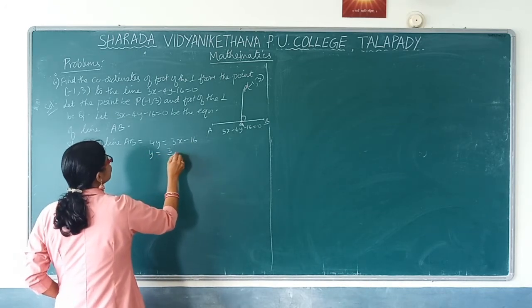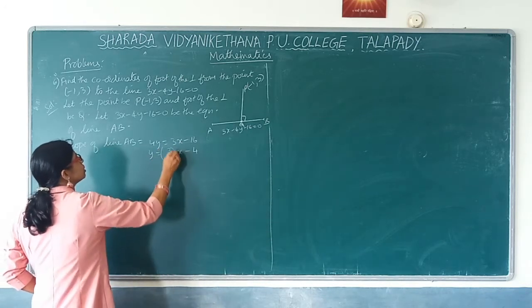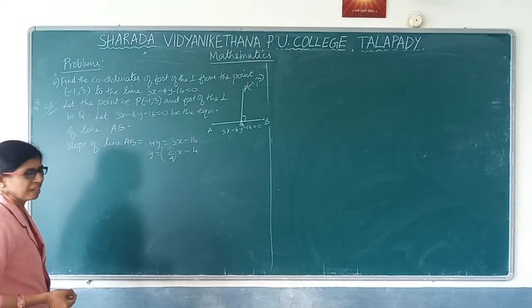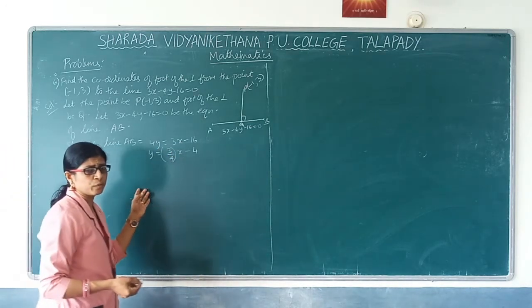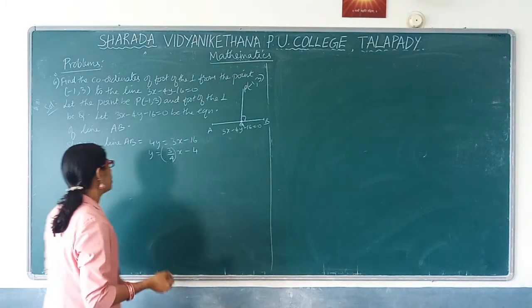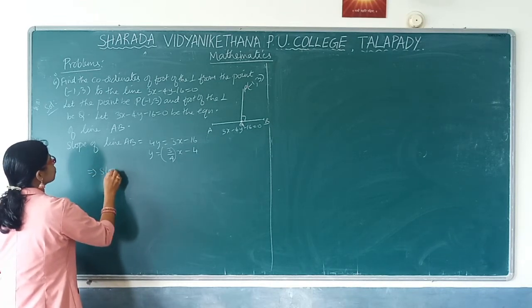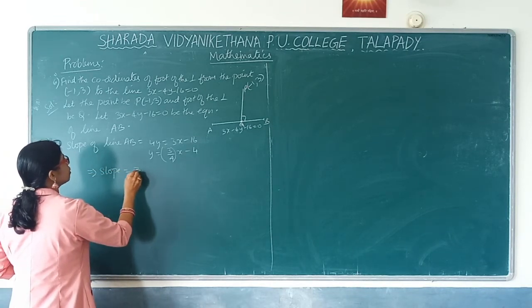Y is equal to 3 by 4 x minus 16 by 4, that is 4 only. So this is your slope, or else otherwise you have the formula. What is the slope formula? Minus a by b, minus 3 by minus 4, that will give you 3 by 4 only. Implies this slope is equal to 3 by 4.